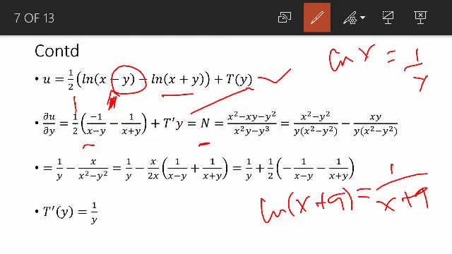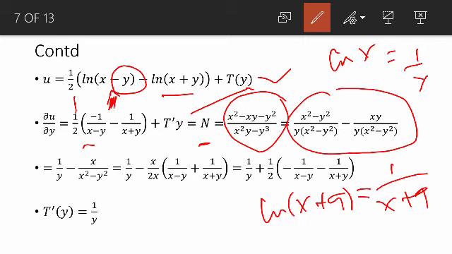That's because du/dy is N, and N is equal to the whole of this, which we can break down to this. If you notice, x squared minus y squared is what we have here, then minus xy over the same denominator. They have common denominators, we just decided to separate them that way. If we do that, we get 1 over y minus x over x squared minus y squared.